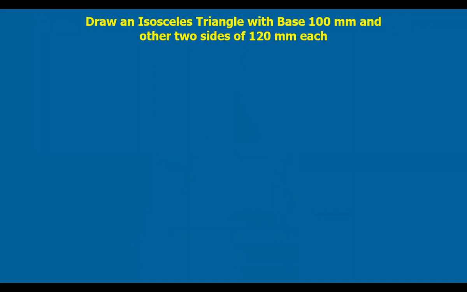Now, with the same isosceles triangle, I want to draw base 100 mm and the other two sides, not the altitude. Earlier we saw the altitude, but here we are going to draw the other two sides of 120 mm each. Same thing. We first mark the base AC, 100 mm long.